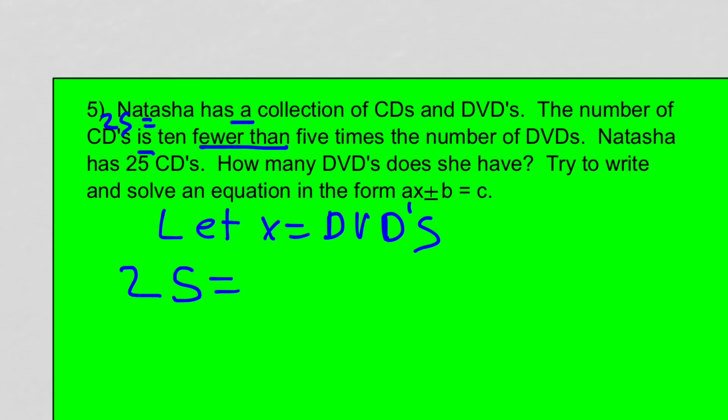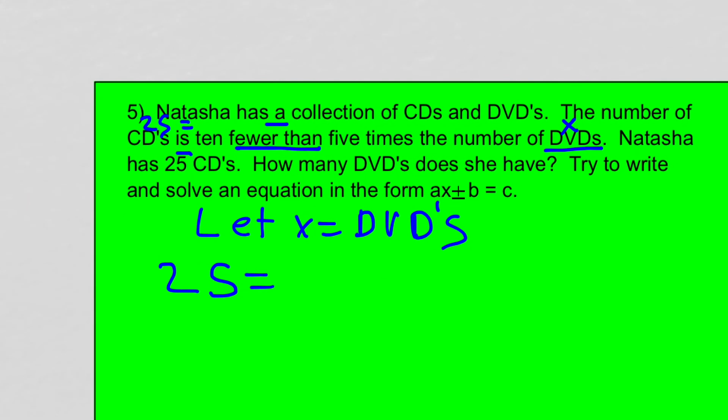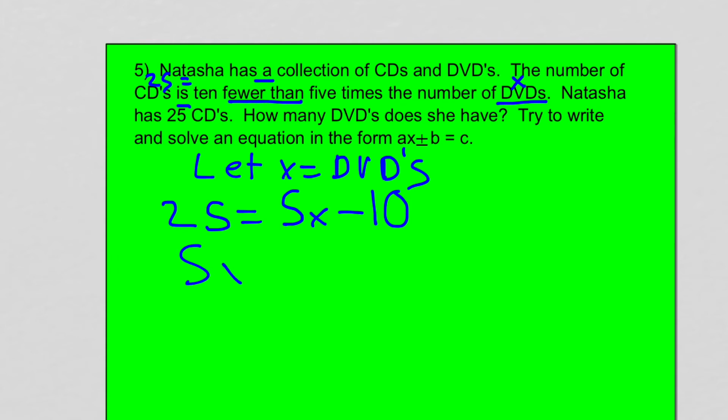Well, we have already said when we see DVDs, that's going to be X. So when you see DVDs, think X. That's 5 times X. So 10 fewer than 5 times X. Well, 5 times X, but 10 fewer than that: 5X minus 10. We might be more familiar with it looking like this. And now it looks like it's in that form: A times some number, in this case minus another number, equals a third number.